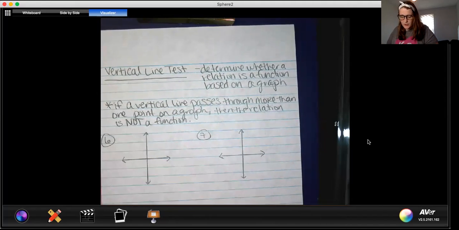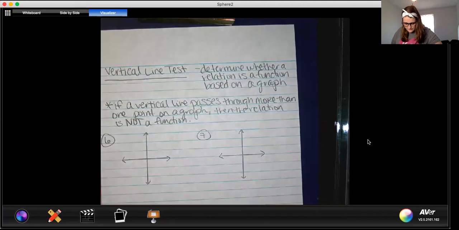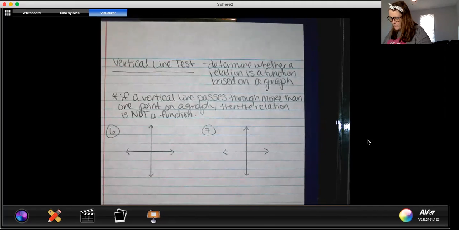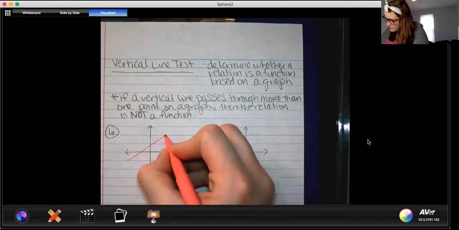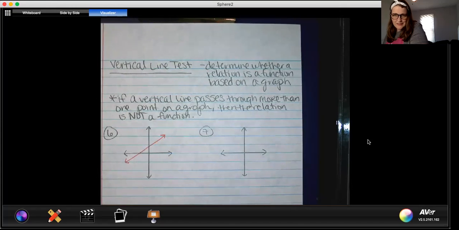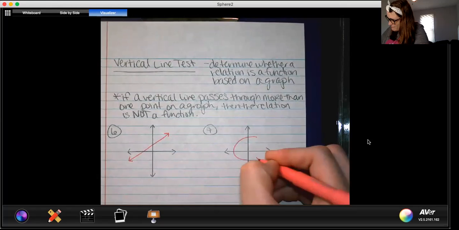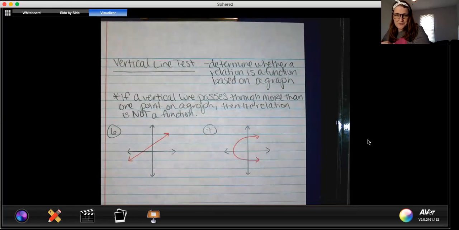So I'm going to use one color to represent the graph. And I'm going to use another color to represent the vertical line test. So here is my example of my graph. Okay, we have a nice linear graph. And in this graph, we have a parabola, which is something we'll learn about this year.